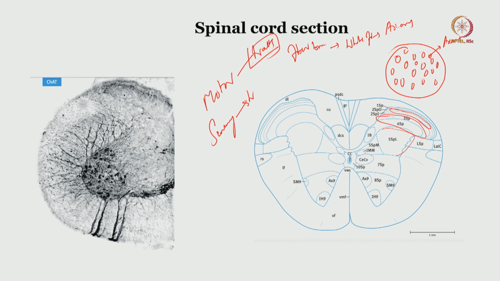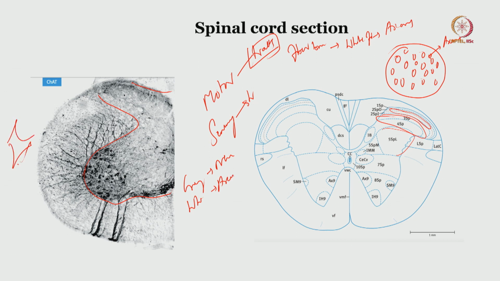Which is seen nicely here, where this is the grey matter. I hope you know the basics, that the entire nervous system is formed by grey matter, which will have the neurons, and then the white matter, which will have the axons.